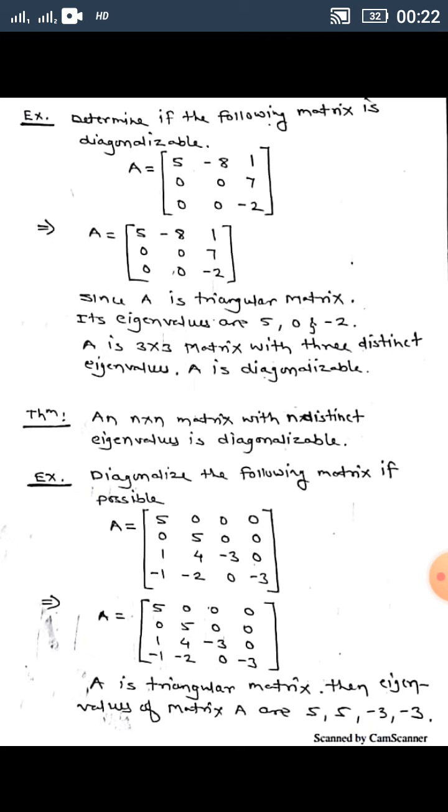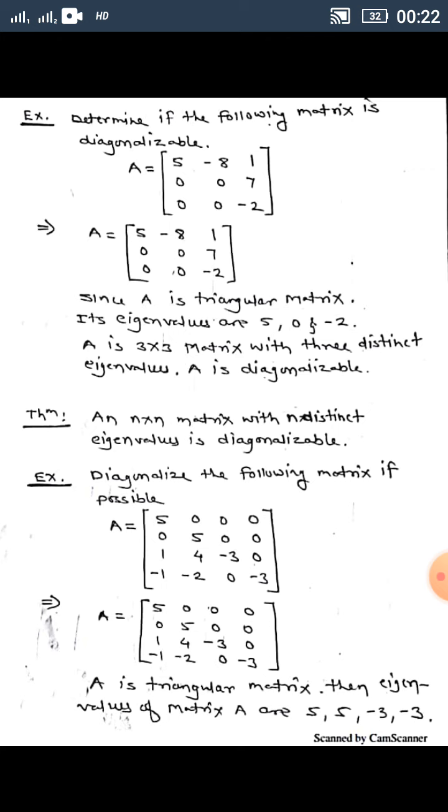So 5, 0, minus 2 are the diagonal elements, and they play the role of eigenvalues, and these eigenvalues are distinct. So we can say that this matrix is diagonalizable. If anyone asks you to check whether this is diagonalizable or not, you can utilize this concept here.